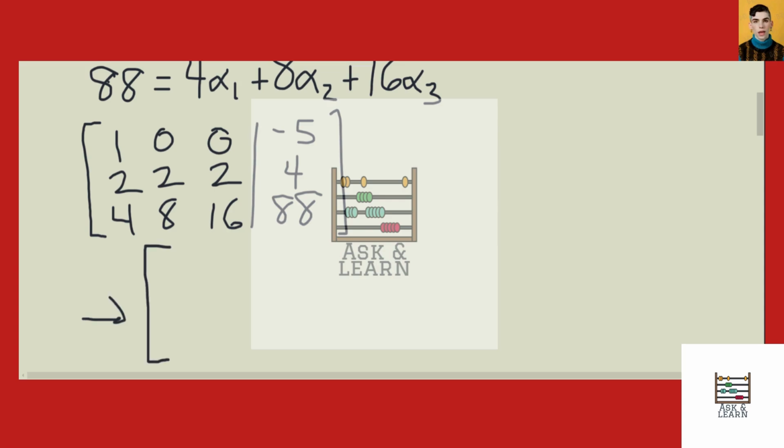Then we subtract 2 of row 1 from row 2, so we get 1 0 0, and then 2 minus 2 is 0, 2 minus 0 is 2, 2 minus 0 is 2, and then 4 minus 2 times negative 5 is 4 plus 10, which is 14.